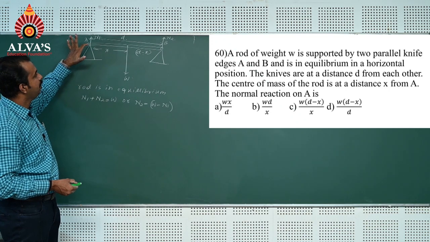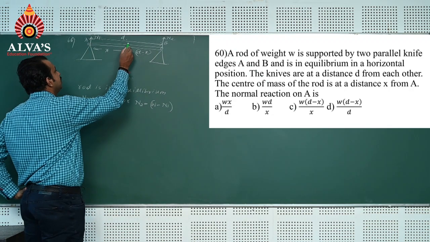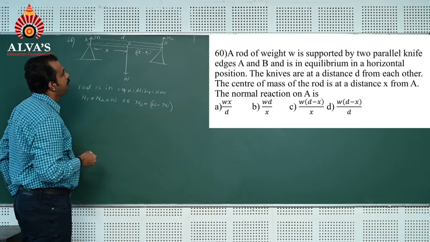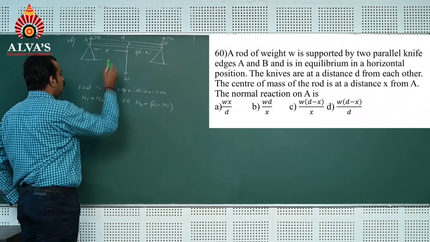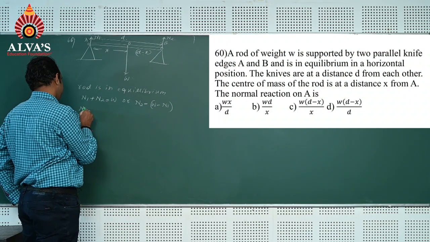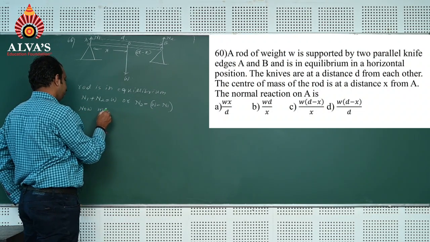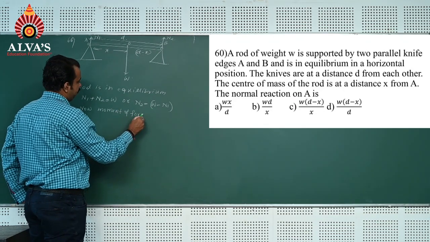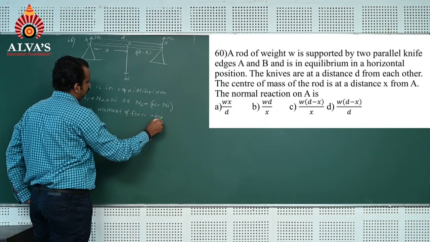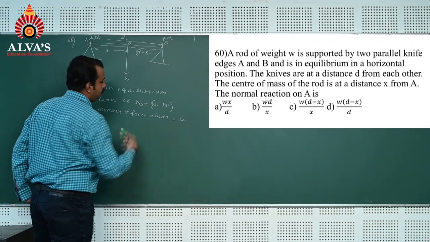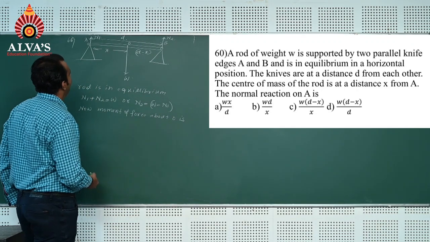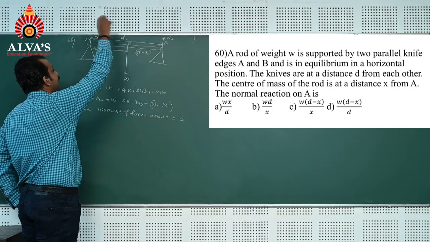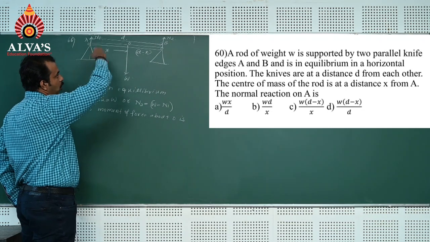To calculate the normal reaction on A, I would like to consider this as a point O, and calculate the moment of force or torque about O. You know that N1 tries to rotate this rod in the anti-clockwise direction.